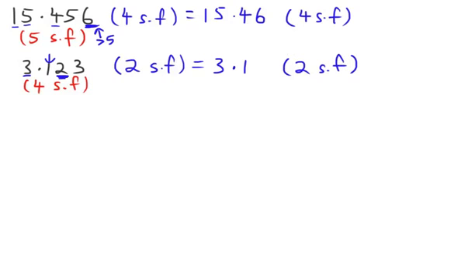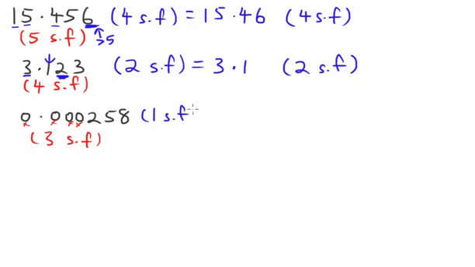Take note of this. So now the next one, how about 0.000258? And we know that the 0 at the left hand side of the non-zero digit, all these are non-significant. So originally we have only 3 significant figures, and we want to round it off to 1 significant figure.